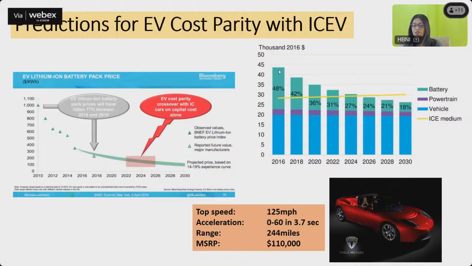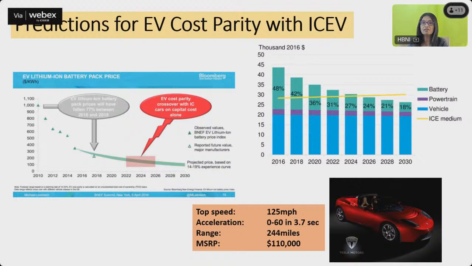Previously in 2016, 48% of your car price was actually battery price, whereas by 2030 it will be somewhere around 18%. Currently we are hovering at 27 to 24% battery price compared to the entire car price in various models, and by 2030 it is probably going to come down to around 18%. So this is the EV cost parity.